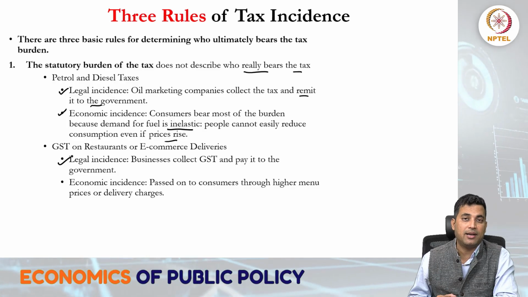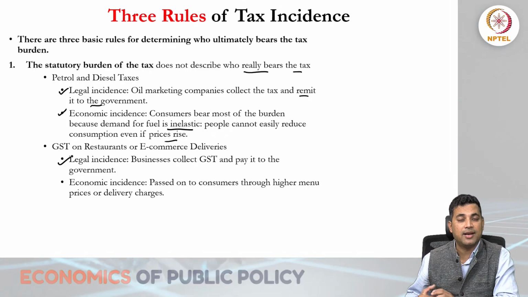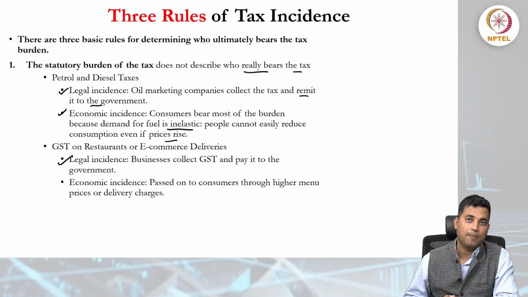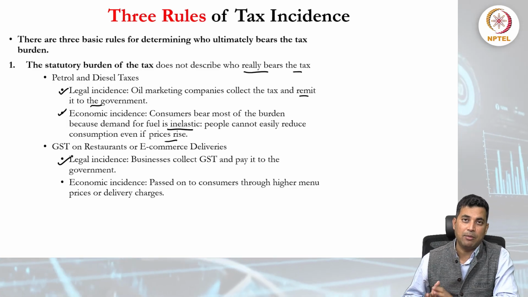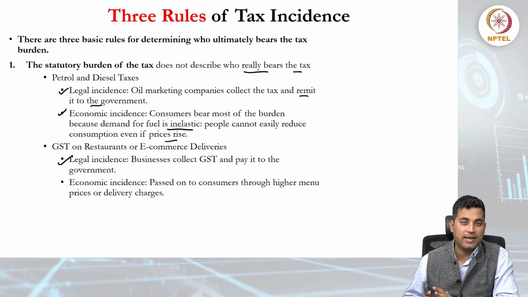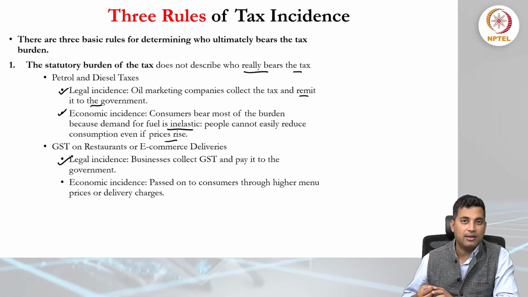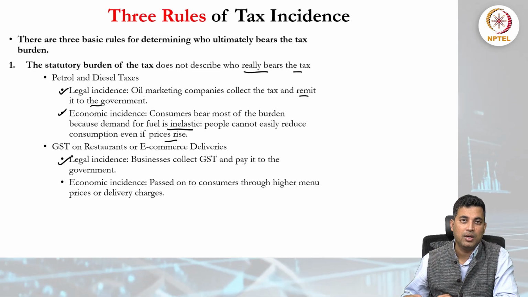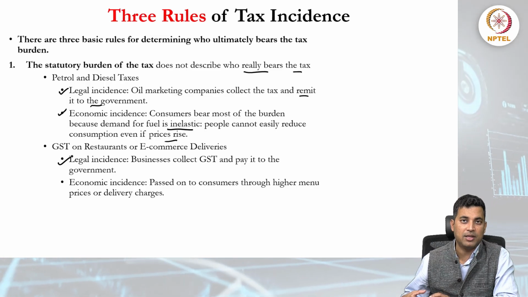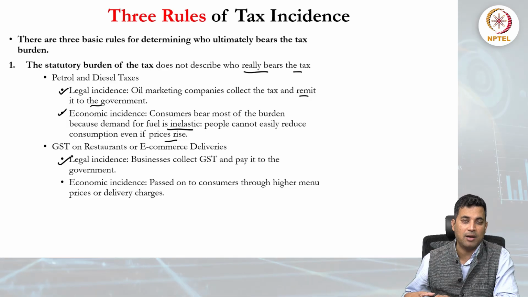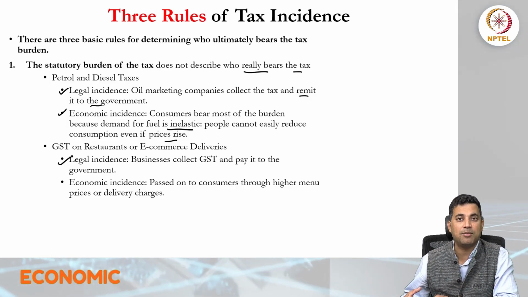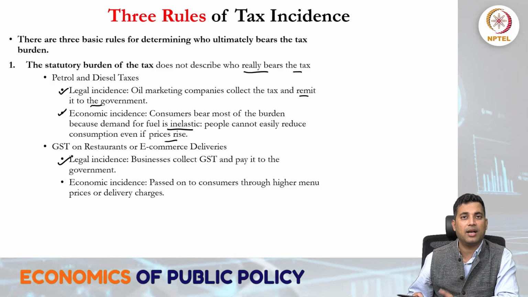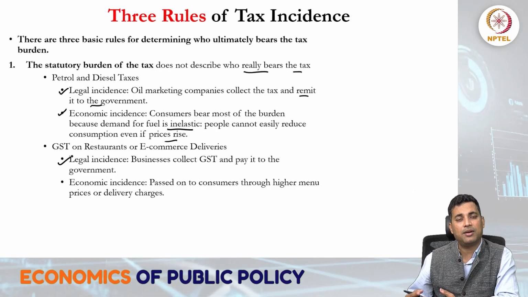If Ola and Uber decide that they will collect the taxes from the consumer and also from the drivers, and then pay, the entire tax structure is different. It is not that the government has imposed a tax on our income. It is designed on our consumption of goods and services.